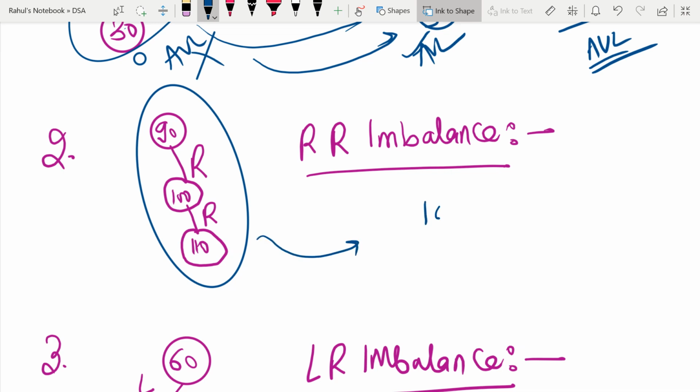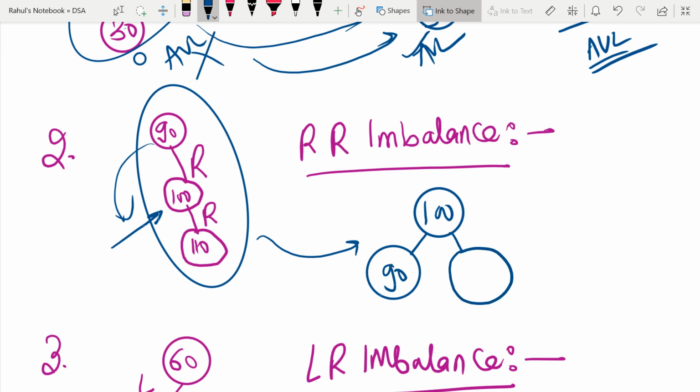We will make the middle node, that is this node, the parent node, and we will make 90 the left child. Why 90 as the left child? Because its weight is less than 100, because we are following the property of BST as well. And on the right side we will place 110, because we are following BST's property as well.